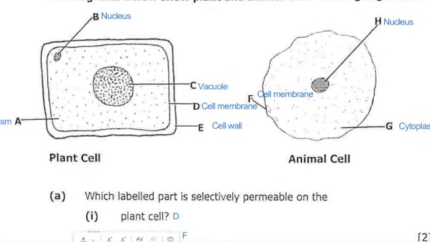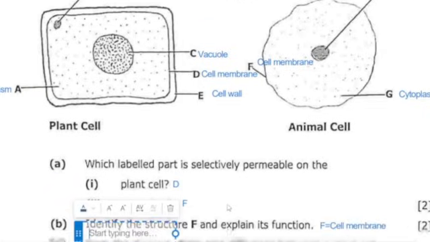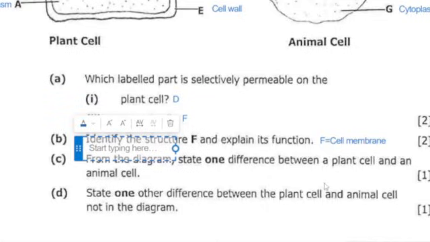in animal cell? So the function of cell membrane in animal cell, it allows what goes in the cell, or it selects.